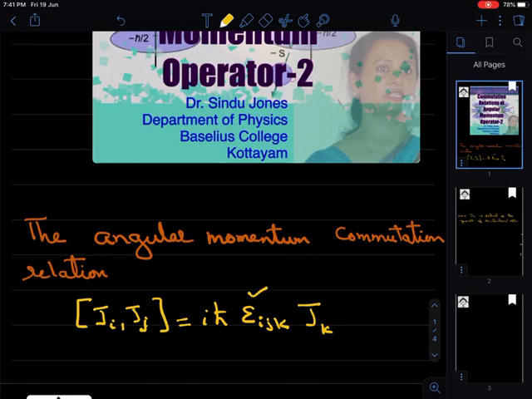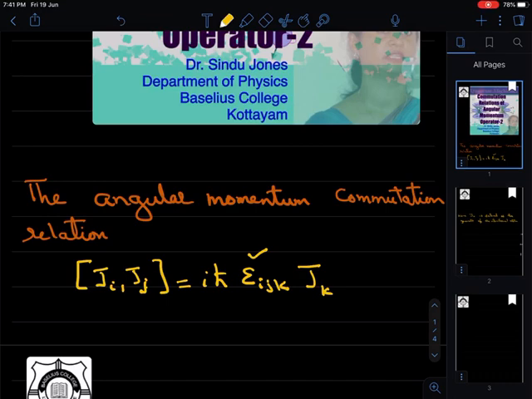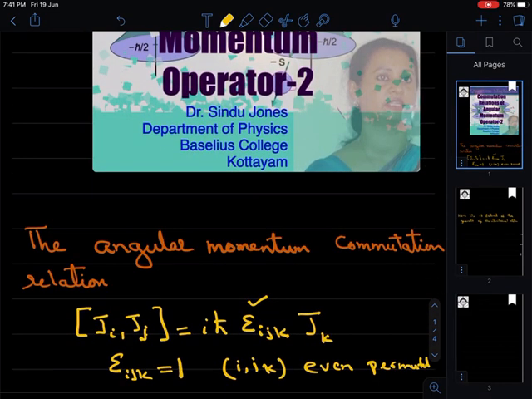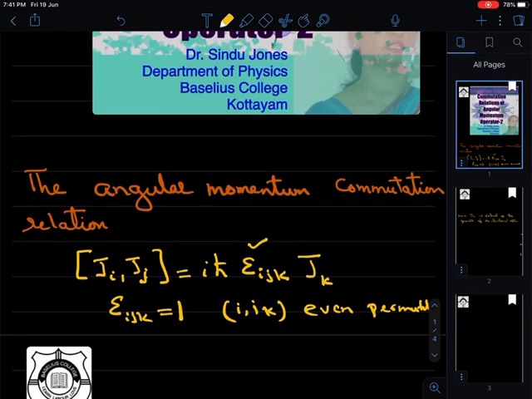Here epsilon ijk is called the Levi-Civita tensor and its value is equal to 1 if ijk is an even permutation. Okay, what does it mean? It means that if i and j are x, y, then it is plus 1.